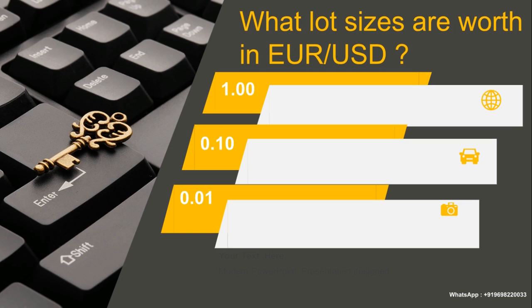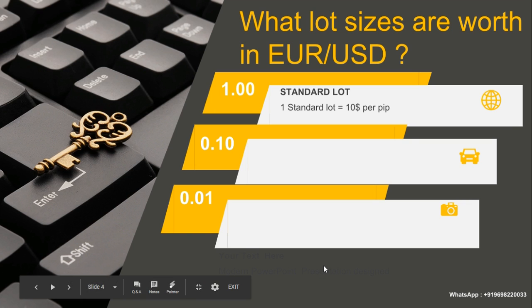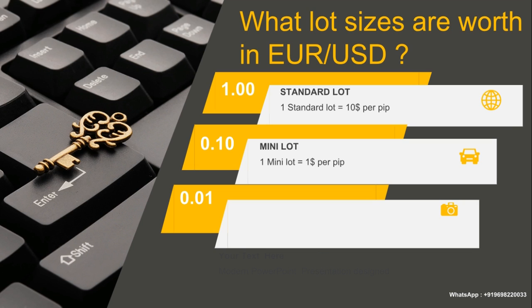What are lot sizes worth in EUR/USD? One standard lot is equal to $10 per pip. One mini lot is equal to $1 per pip, and one micro lot is equal to 10 cents per pip.